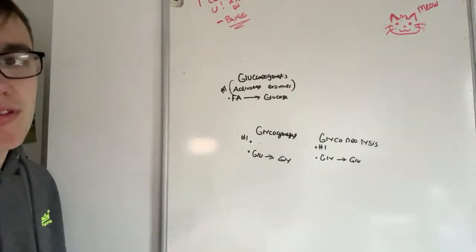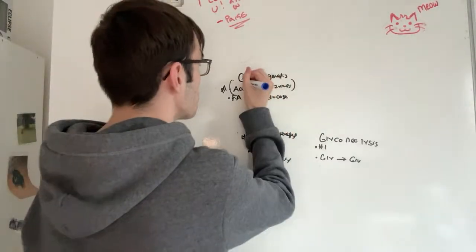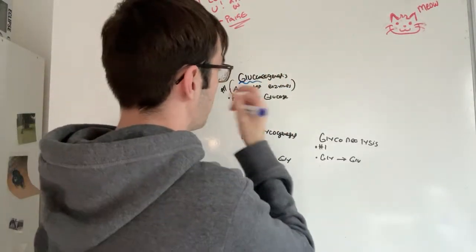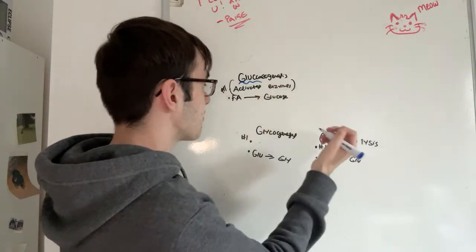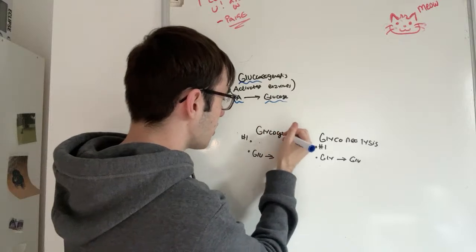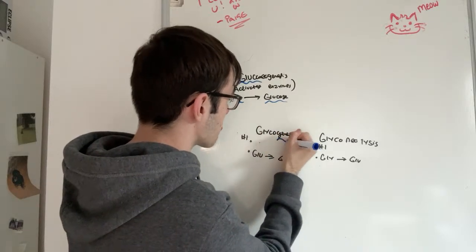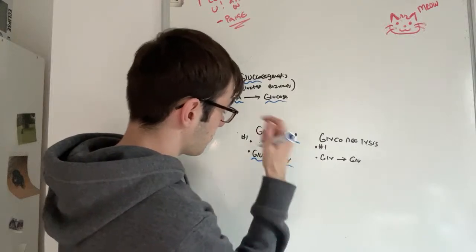Okay, there has to be an easy way to remember this. Gluconeogenesis is easy to remember because it's the only one that starts with gluco. And that activates enzymes that convert fatty acids to glucose. Glycogenesis is the genesis of glyco.